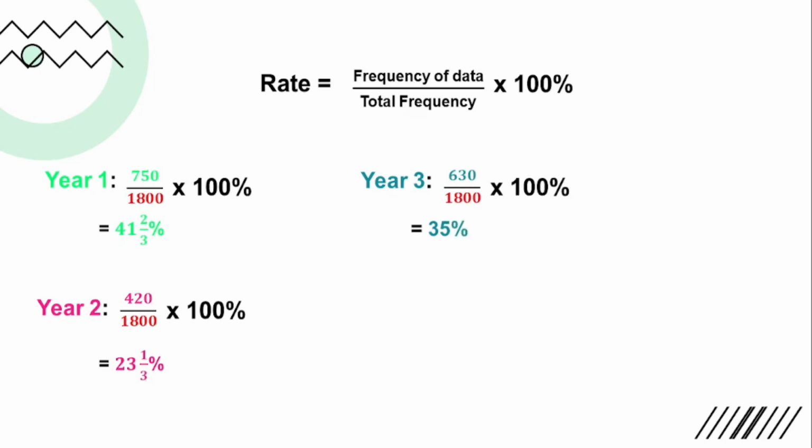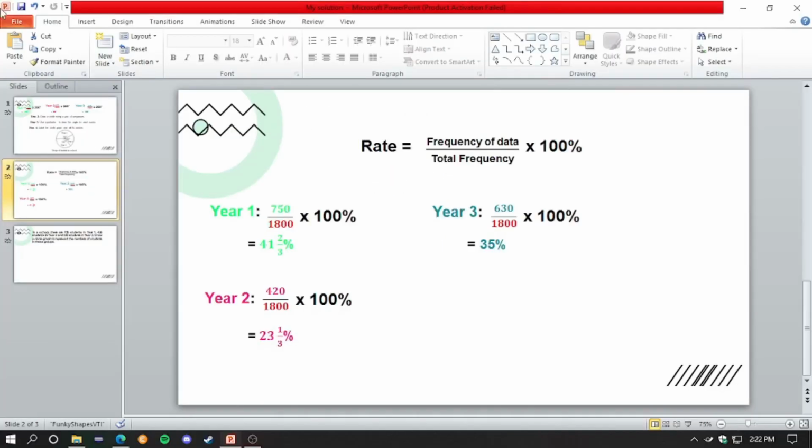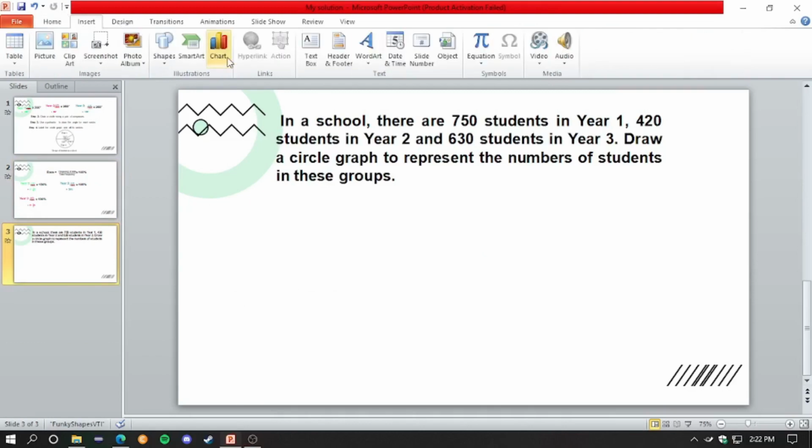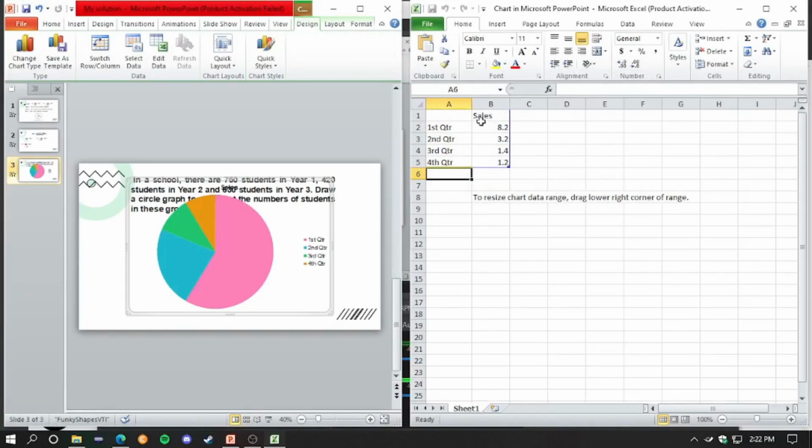So, for the next slide, I'll be teaching you how to create a pie chart using Microsoft Excel since we are in a virtual environment. Now, we are going to create a pie chart using an Excel file. So, follow me. Insert, go to chart, choose pie chart, and then the Excel file will automatically open.